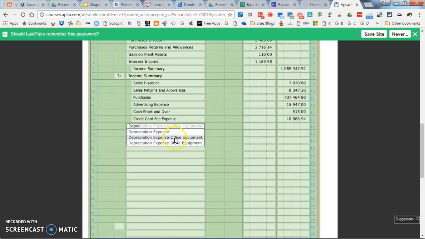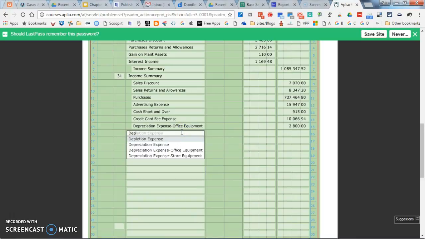Depreciation expense, office equipment. Credit of $2,800. Depreciation expense, store equipment, $1,760.